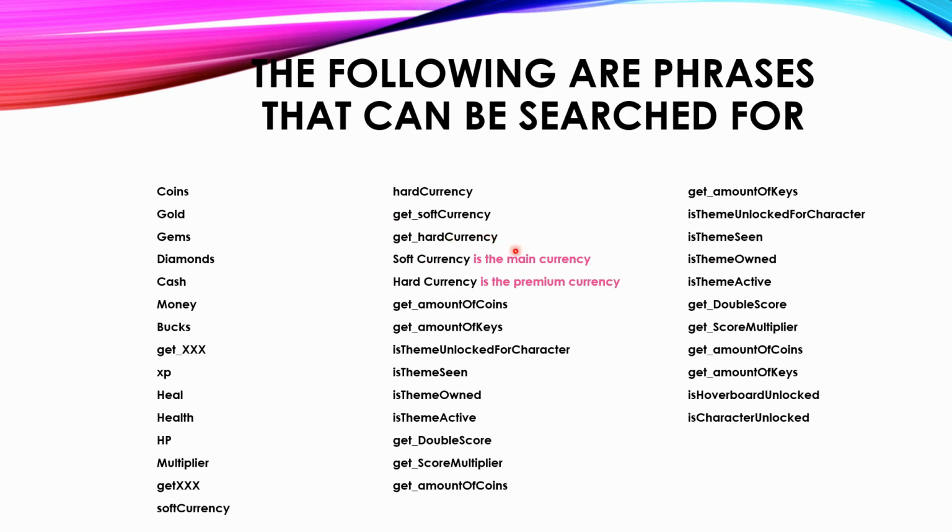Soft currency is actually the main currency, sometimes it's gold or coins, and hard currency can be gems, crystals, and stuff. This is the most frequent list you will find when modding games. So you don't need to learn it by heart, you can just use the list.